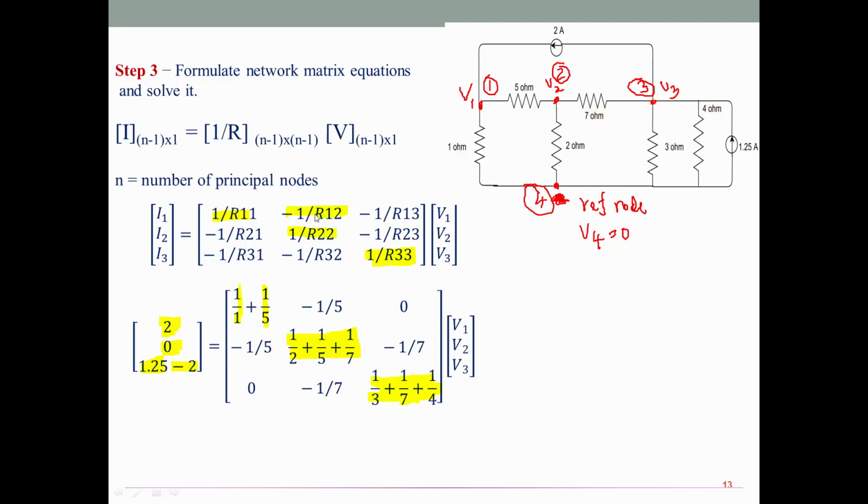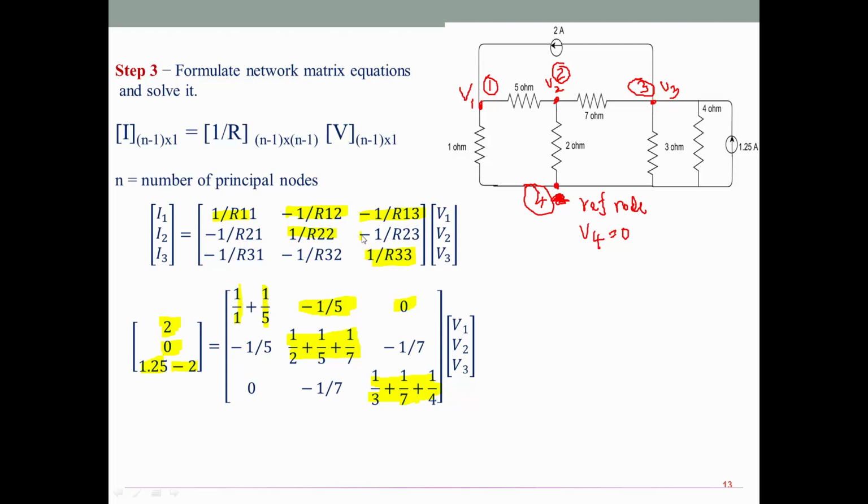Then, to fill the off diagonal elements, refer to the first one, R1 to 2, between 1 and 2. What resistance is connected? 5 ohm is connected, so in place of R1 to 2 you go for 5, that means minus 1 by 5. Then 1 to 3: no direct connection through a resistance, so make it 0.